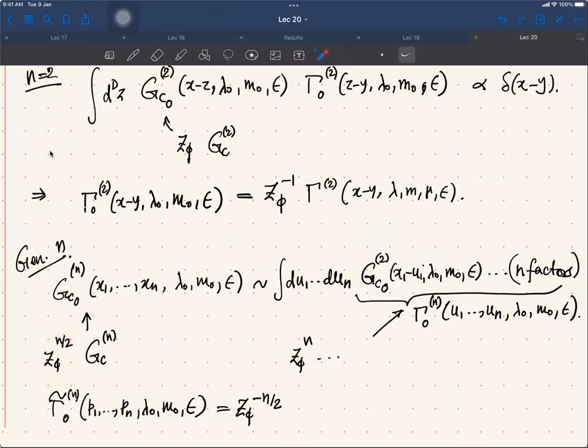So this, expressed in terms of the renormalized quantity, will have a Z phi to the power minus n by 2. Okay, this is how the 1PI vertices must be related.